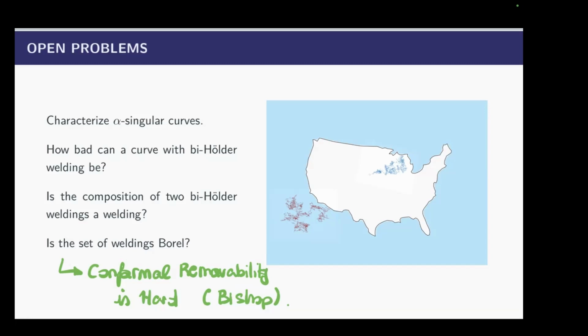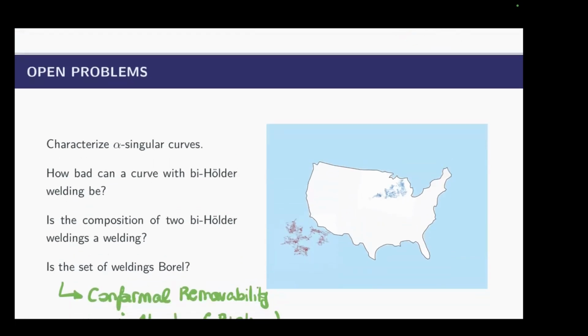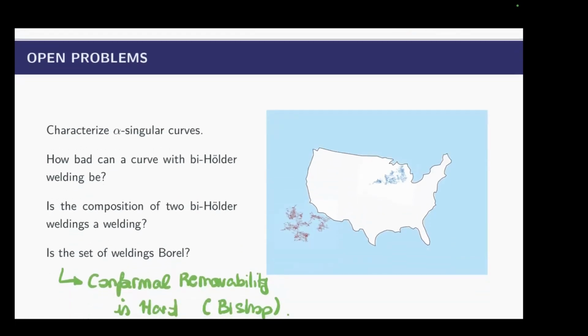But that condition is very difficult to check. It's very easy to check that it's satisfied for quasi-symmetric maps, but beyond that we don't know. For instance, we don't even know what are the weldings that arise from images under bi-Lipschitz maps of circles. We have no idea. There is no good characterization.